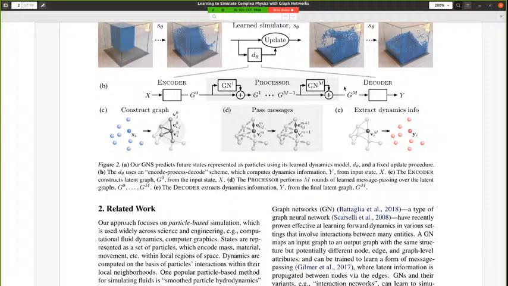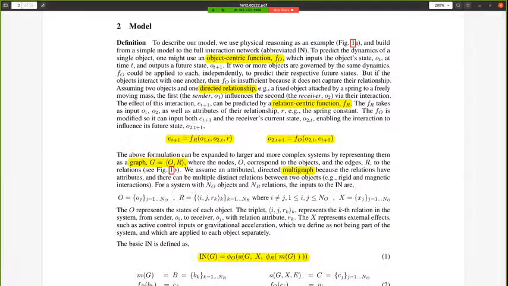One way to view a lot of graph neural network structures is as a generalization of convolution. I haven't worked this out, so I might be making a fool of myself. If you look at the definition of the interaction network, we can talk about this later if anybody has particular questions. Otherwise, I'm just going to skip over it.